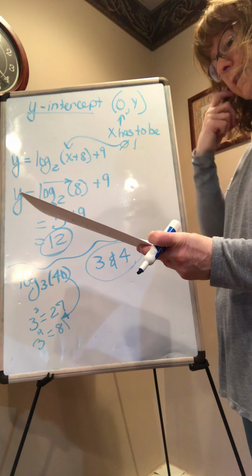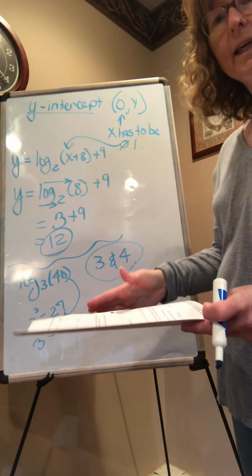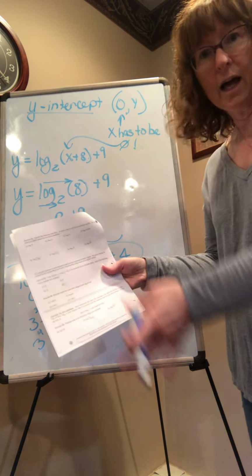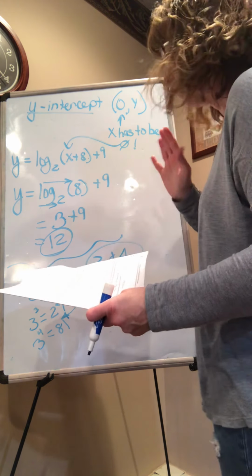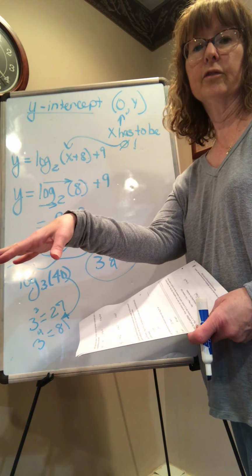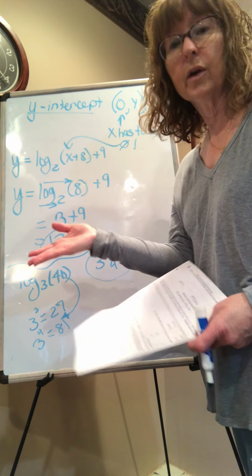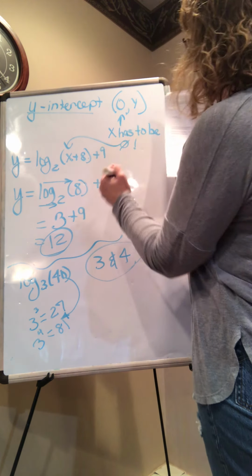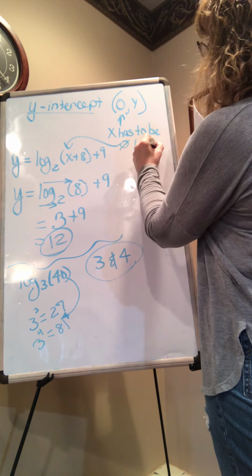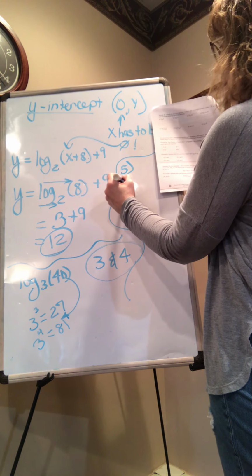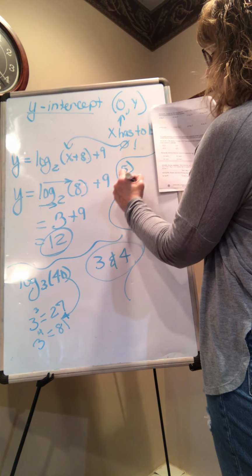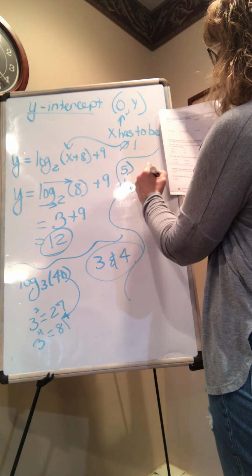Common logs. This is using that log key on the front, on the first column. This is the log that's on all calculators. Doesn't matter. You can even pull out your old calculator from middle school. There's a log key somewhere on it. And so you type in, so now I am doing exercise 5 over here. If you have the log of 100, you're going to get 2.